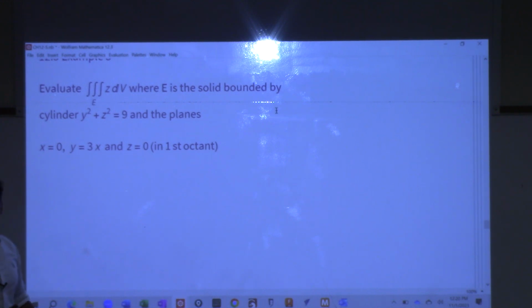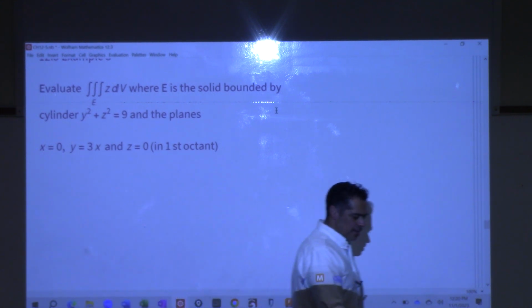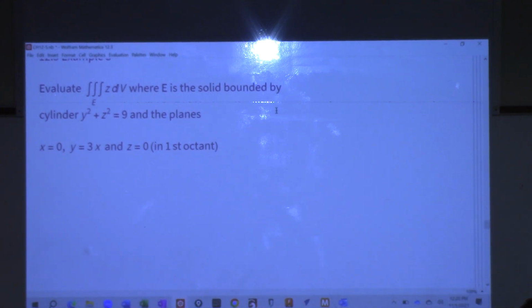So I said this was coming, right? Polar seems like the natural next progression here. Evaluate the triple integral over E of z with respect to volume, where E is the solid bounded by the cylinders y squared plus z squared equals 9.